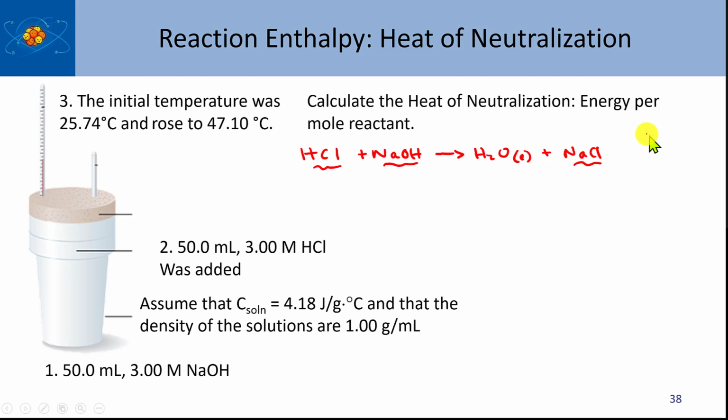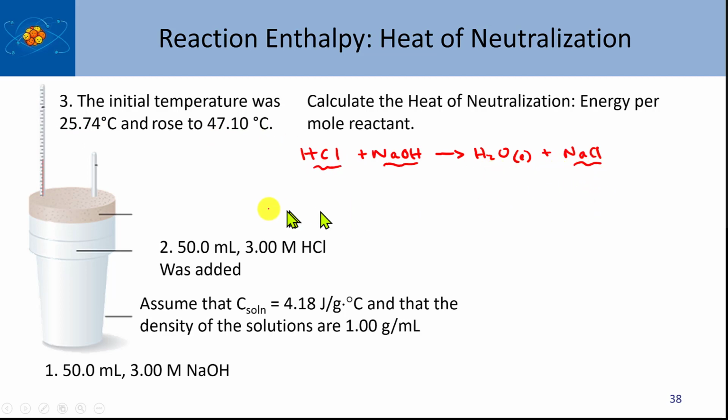That heat energy is picked up by the water, which predominantly makes up most of these solutions, and that water's temperature then rises from 25.74 degrees to 47.10 degrees in response to the energy output of this reaction.